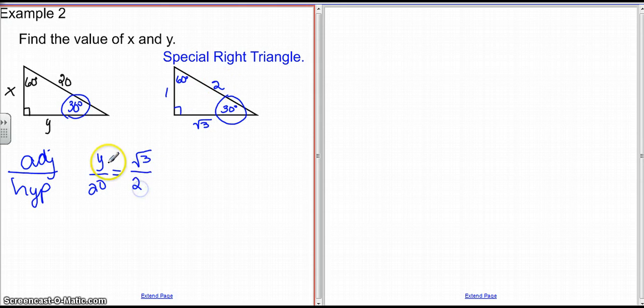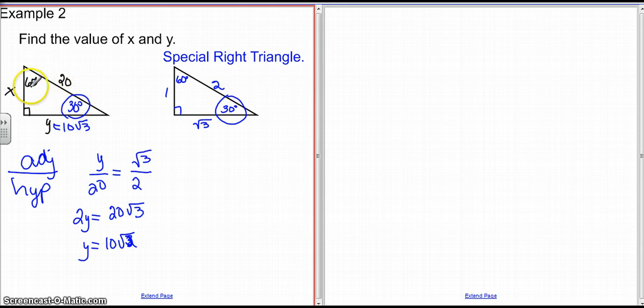So I'm just going to use this proportion to solve for y. If I do product of the means is equal to product of the extremes, I end up with 2y is equal to 20 square root of 3. If I divide both sides by 2, I get y is equal to 10 square root of 3.